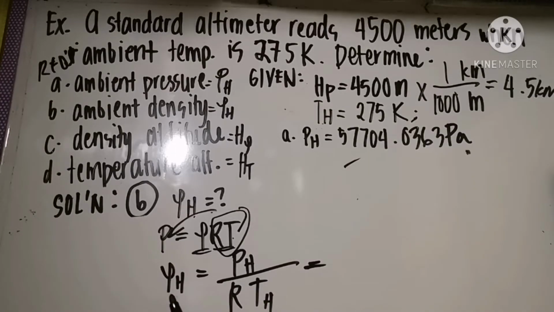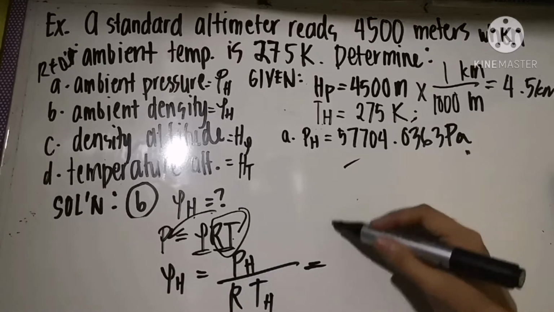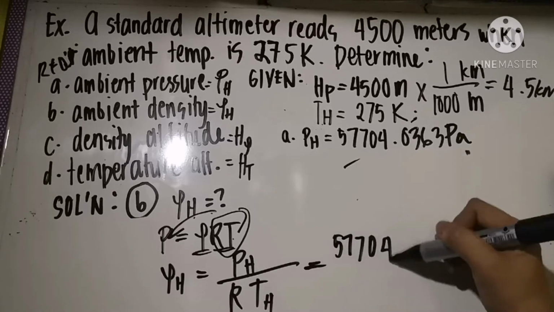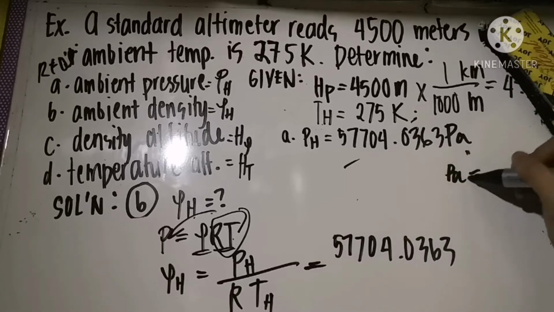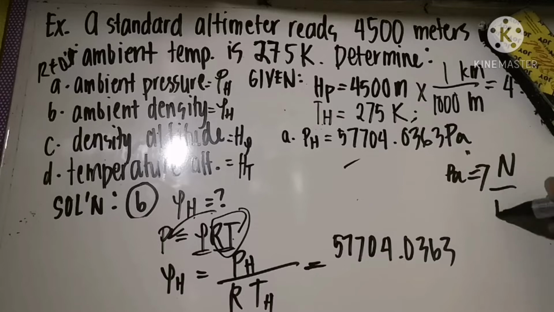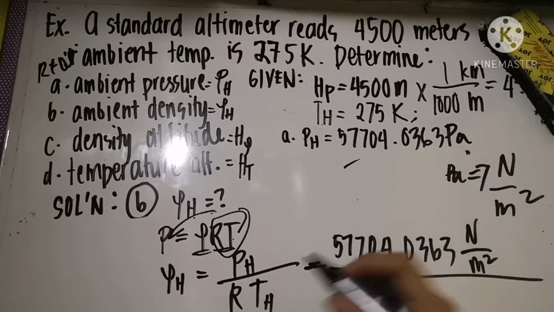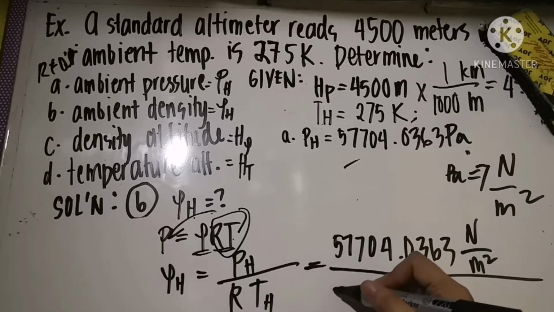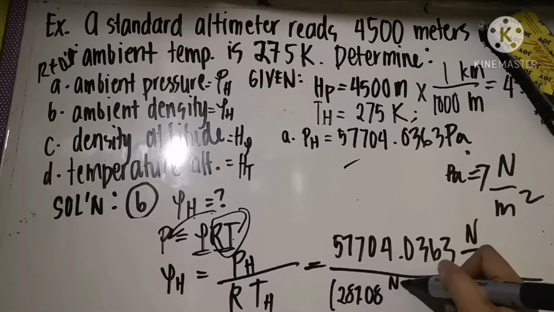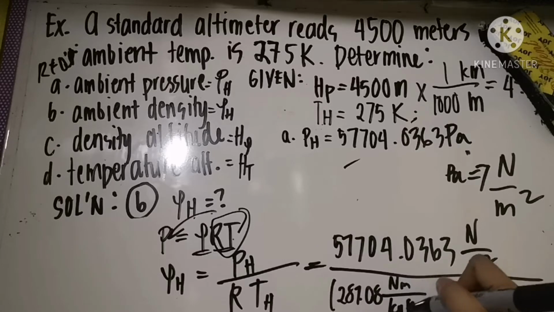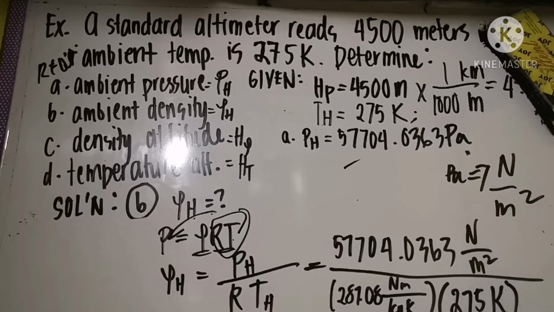So, your ambient density is equals to your ambient pressure, which is 57,060 Pascal, or Pascal, pag bin-breakdown siya, ay magiging Newton per meter square, over specific gas constant na in metric 287.08 joules or Newton meter per kilogram Kelvin times temperature at that altitude na 275 Kelvin.